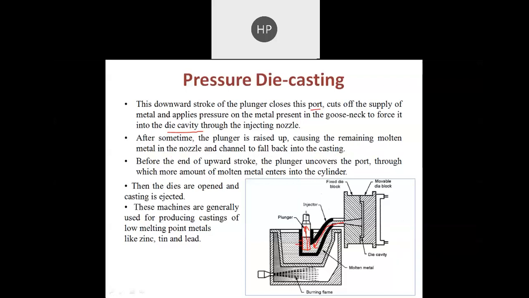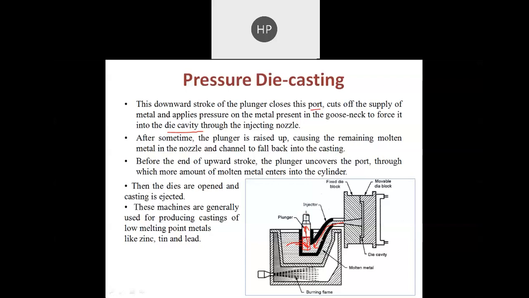Before the end of the upward stroke the plunger uncovers the port. Again it will reach up to here, the port will be uncovered, and more molten metal will enter the cylinder. Then the same procedure is repeated.